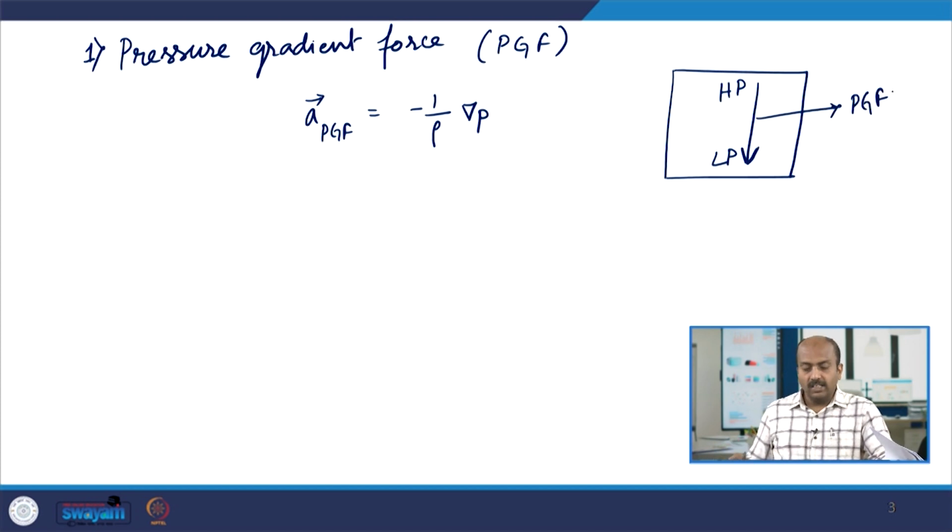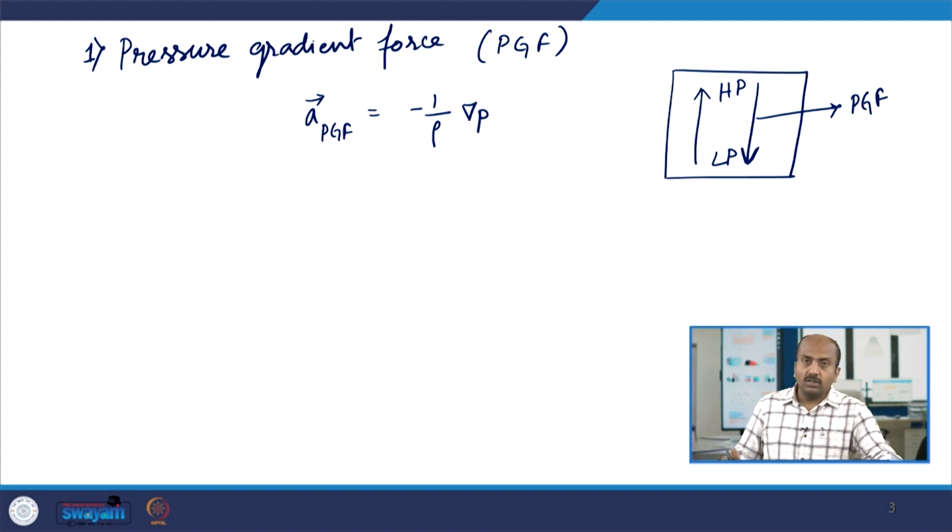Now, interestingly, the magnitude of this force will not really depend on the pressure itself, rather it will depend on the gradient of the pressure, or the difference of the pressure. And since you have a minus, the direction of the force is always opposite to the gradient. So, if you see in this picture, the gradient is in this direction. Gradient always points in the increasing direction of a physical quantity, right.